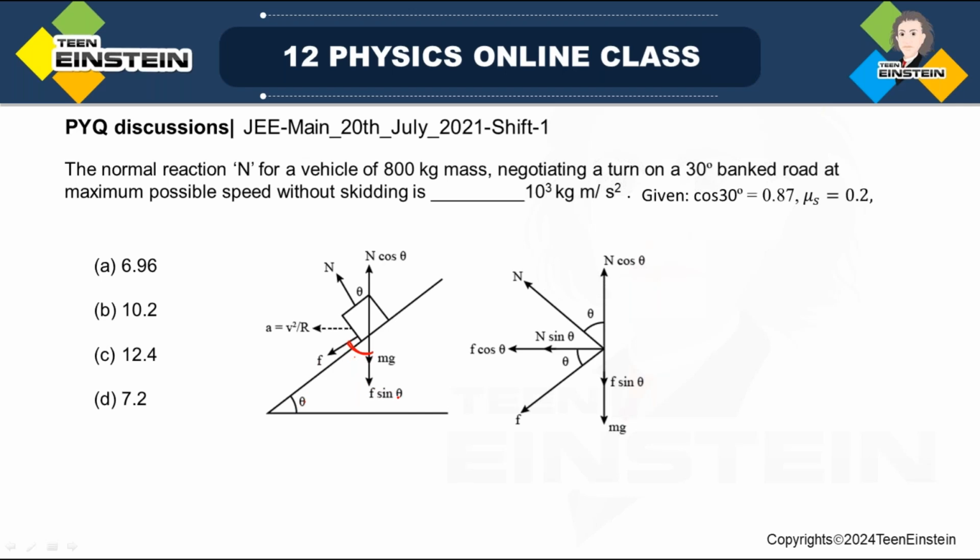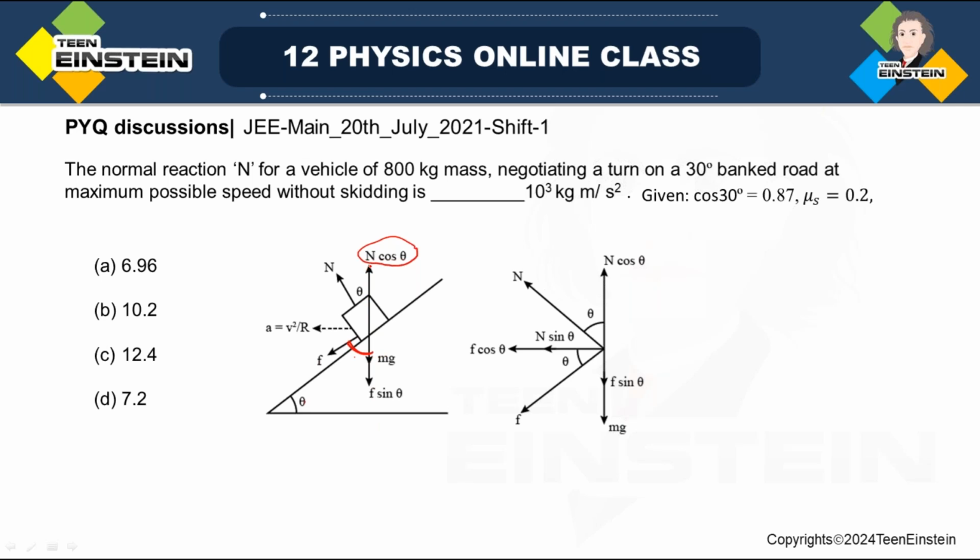So this is actually f sine theta, or I can say f cos of 90 minus theta, that means f sine theta. So I have got normal reaction in the upward direction, weight in the vertically downward direction, and a component of frictional force in the downward direction.